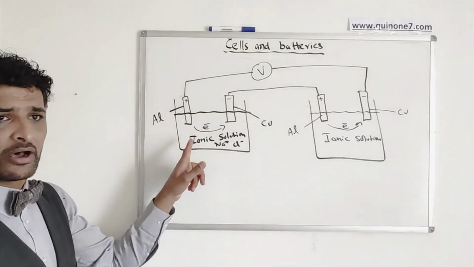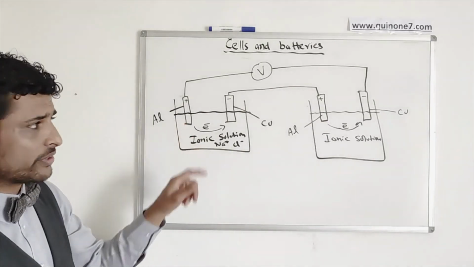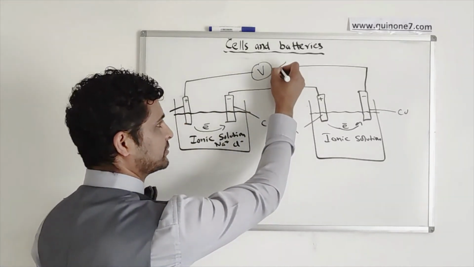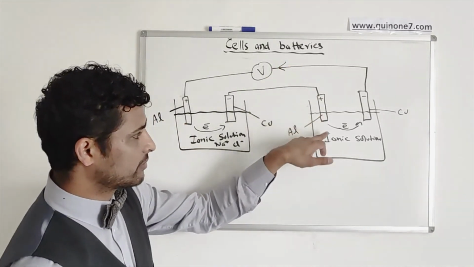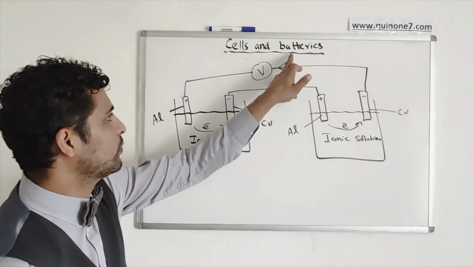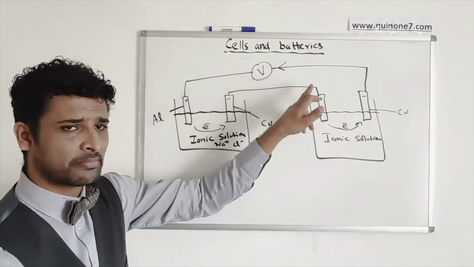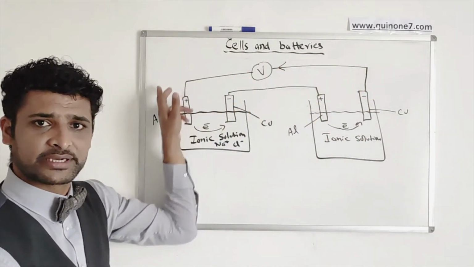Now current will pass through like this. The electrons flow from this direction, released, then captured by copper, flow all the way there, coming back and then released again. So the circuit is complete.